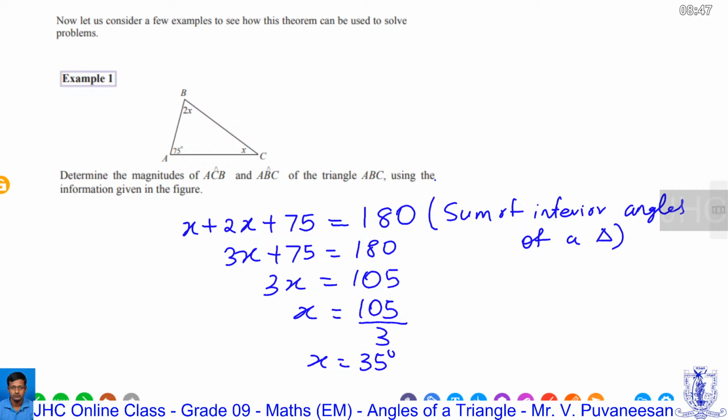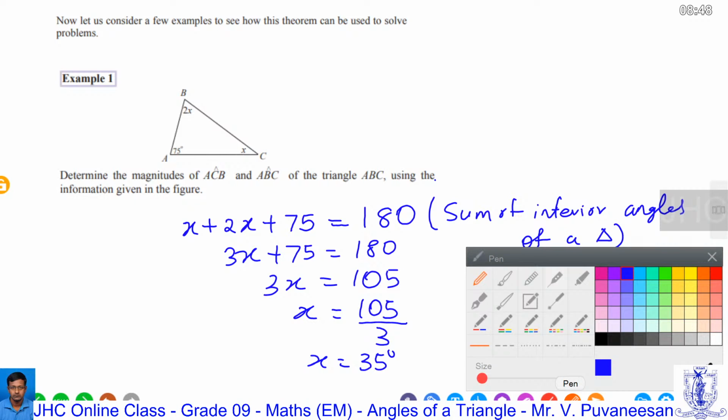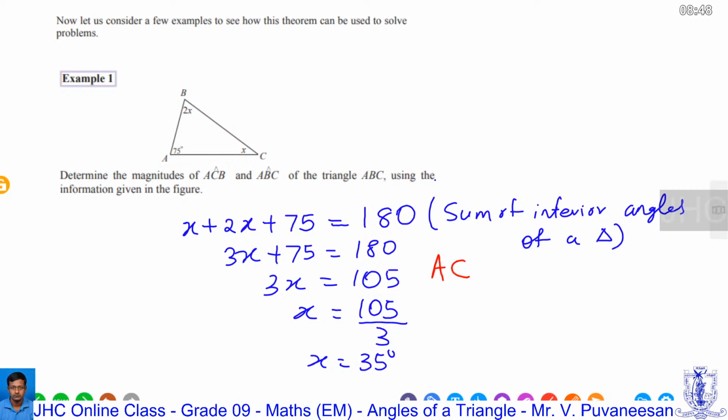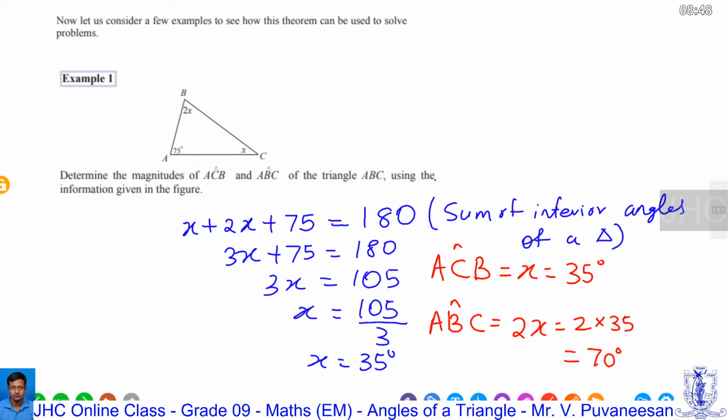You have been asked not to find x. You have been asked to find the angle ACB and ABC. So angle ACB, that is x equal 35 degree, and next angle ABC equal 2x, so 2 into 35, 70 degree.